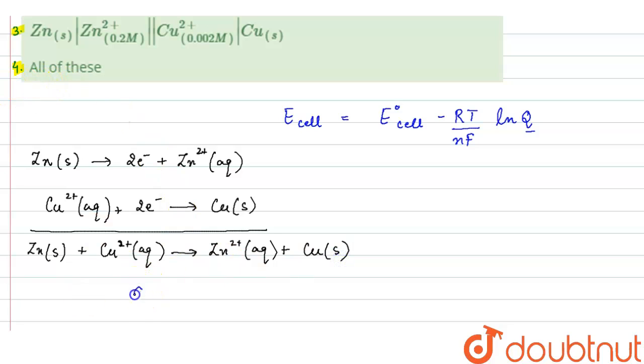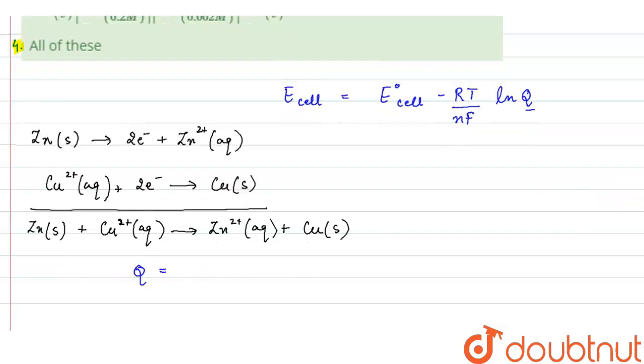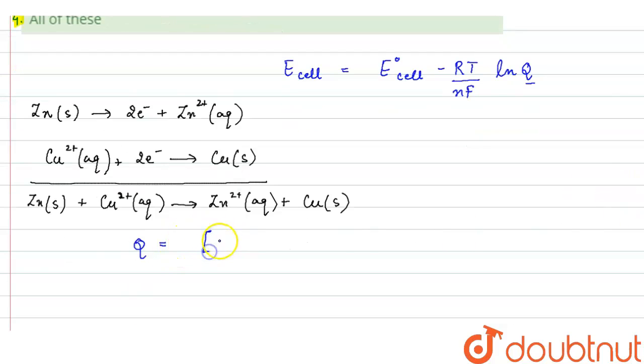Now if we calculate the reaction quotient Q for this reaction, we get the concentration of Zn2+ ion, which is in the product. We do not take copper concentration because it is present in pure solid form, and its concentration is taken as unity. It will be divided by the concentration of Cu2+, which is in the reactant, and here also we do not take zinc because it is a pure solid. So this is the reaction quotient: Q is the concentration of Zn2+ by the concentration of Cu2+.